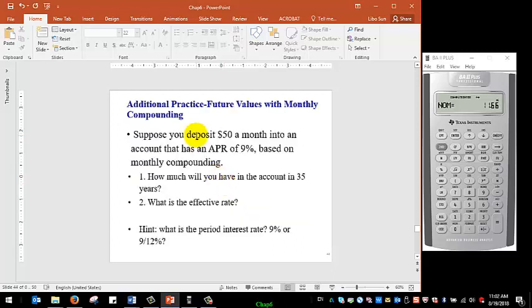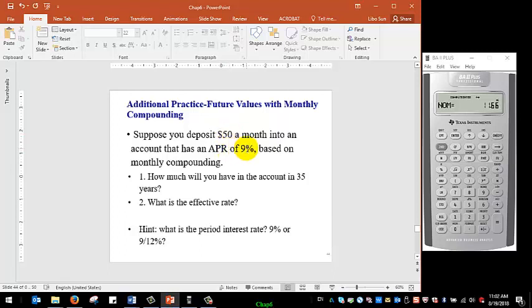For example, here is an example. Deposit $50 a month, and this account has an APR of 9%, compounded monthly. How much money would you have in the account in 35 years? What's the EAR, effective rate? So remember, everything's monthly. Payment is $50 monthly, repeating.